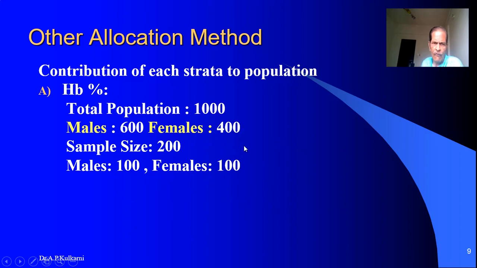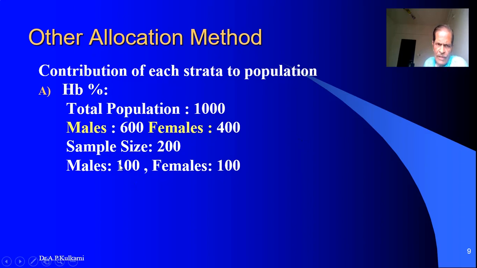From 600 males, we draw a sample of 100 males, and from 400 females, we draw a sample of 100 females. And the method by which the 100 males will be drawn from 600 and 100 females from 400 will be either by simple random sampling or by systematic random sampling.